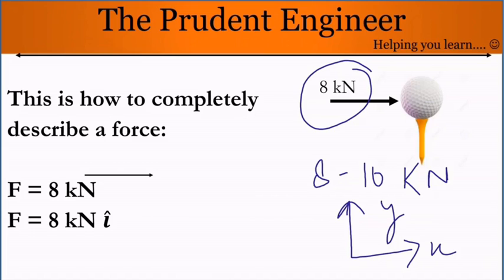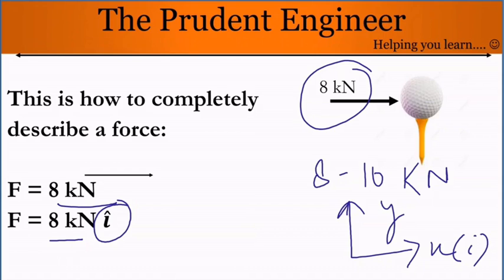We say the force on the ball is 8 kilonewtons to the right, or we can say the force on the ball is 8 kilonewtons in the i direction. i is the symbolic representation of a unit vector in the x direction. These are the two ways we can define the force.